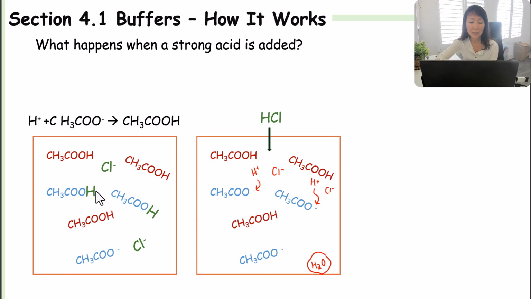Because this H is being attached to these guys, the pH, which is the negative log of the concentration of H plus, or H3O plus, which is the same thing, is not affected. As soon as H plus comes in, it's going to interact with the base, so we don't have H pluses hanging around. Because we don't have H pluses hanging around, it doesn't affect the pH.